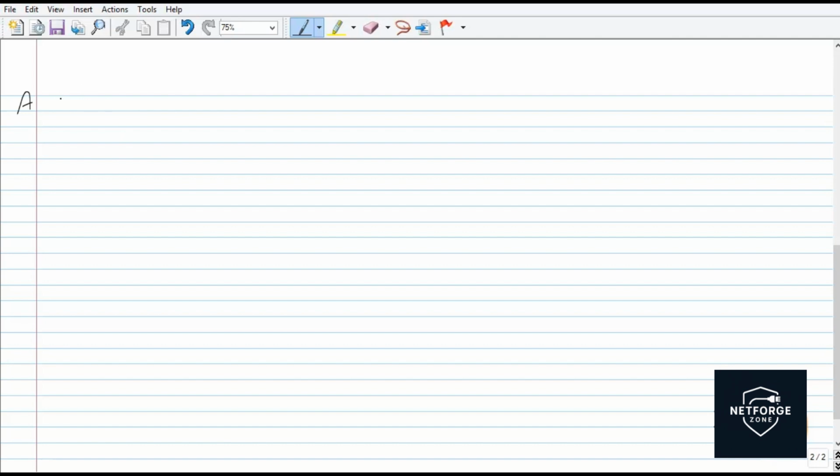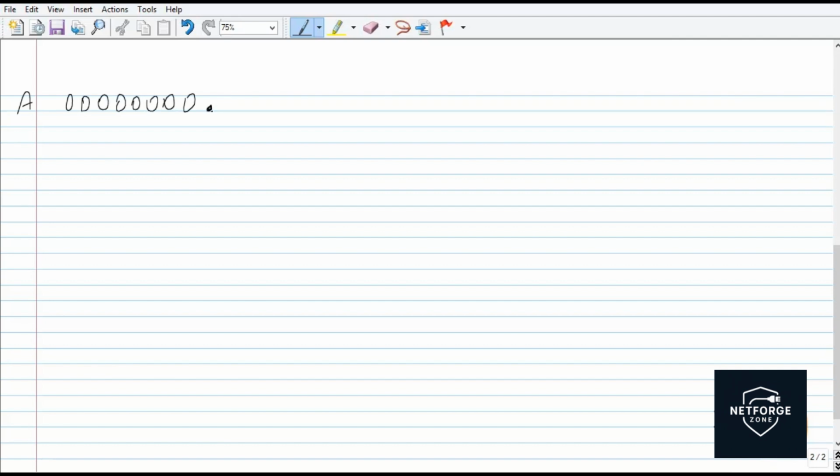For class A, I write the bits 1, 2, 3, 4, and this is too wide actually. Let me write them a little closer. Of course, I can just write zeros, that's easier to work with. 3, 4, 5, 6, 7, 8. This is the first part.